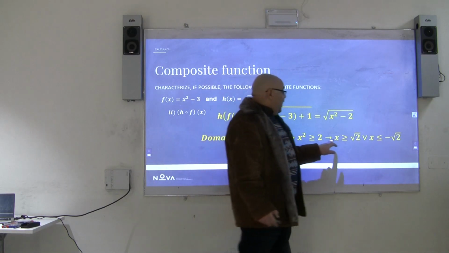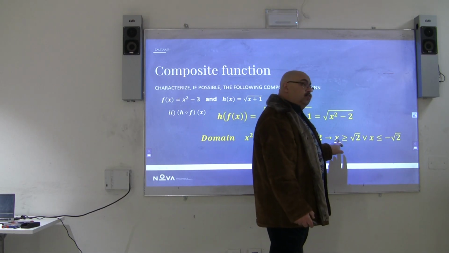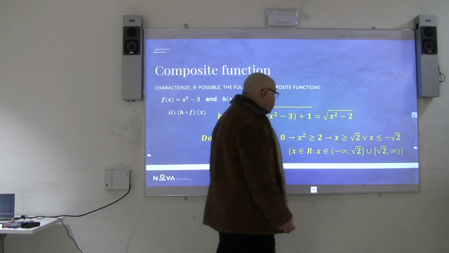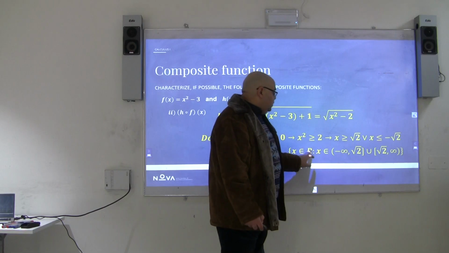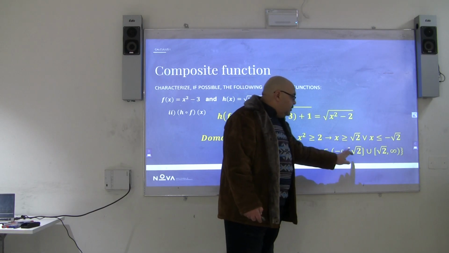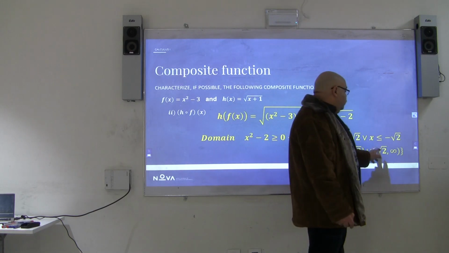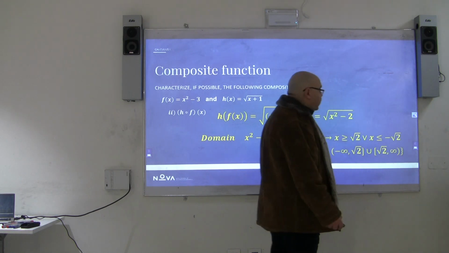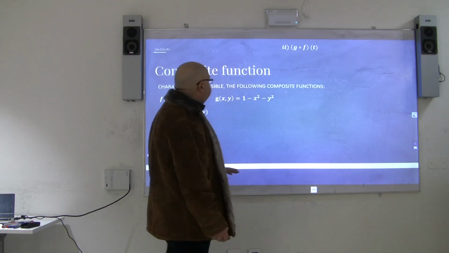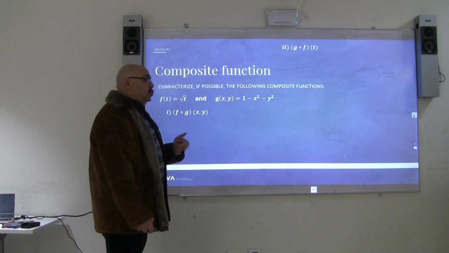That's x is greater than root 2 or x is less than negative root 2, which means x belongs to R such that from negative infinity up to negative root 2, union from root 2 up to positive infinity. That's the domain.